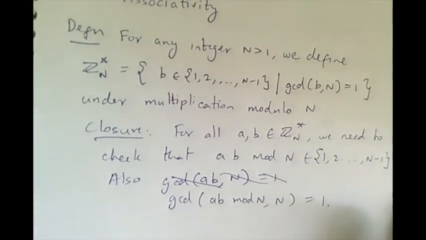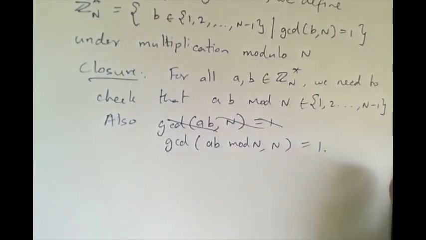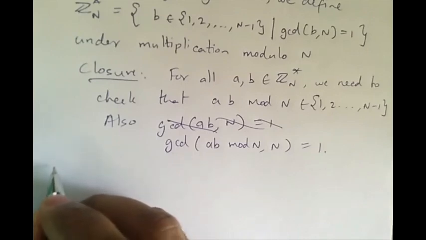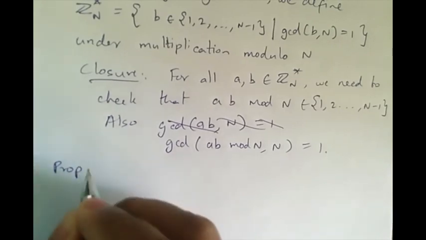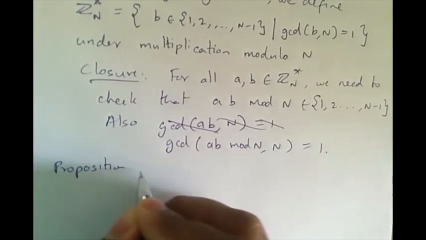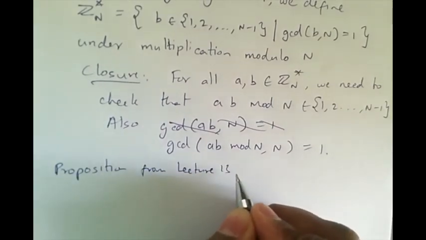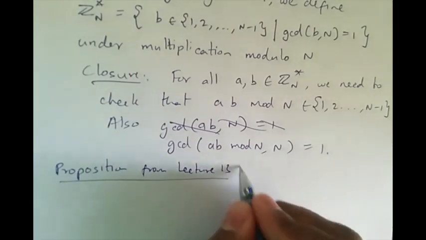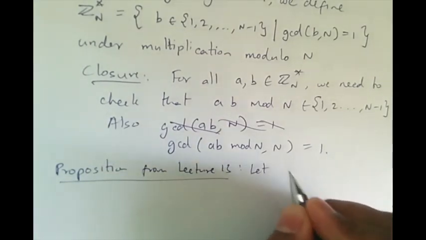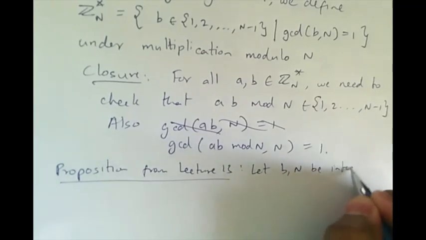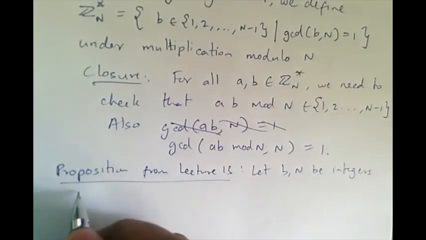So how are we going to check this? Let's recall a proposition which we covered in lecture 13, the first lecture on number theory. It said: let b and n be integers with n greater than 1 and b positive.